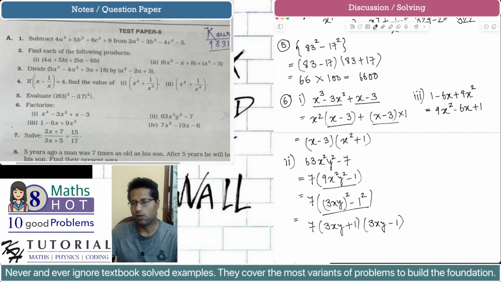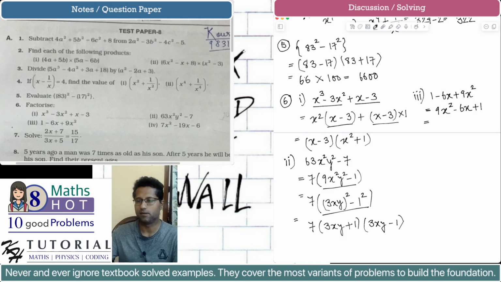Now this is a quadratic trinomial. Why? Because it has 3 terms, that is why it is known as a trinomial, and a polynomial of degree 2 is known as quadratic.